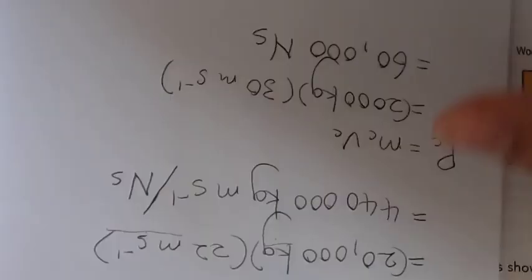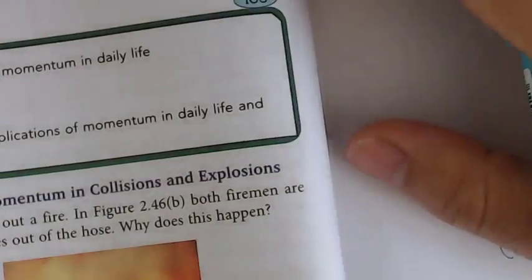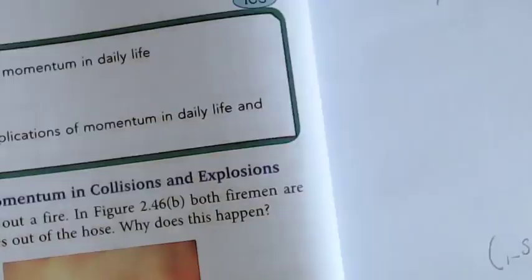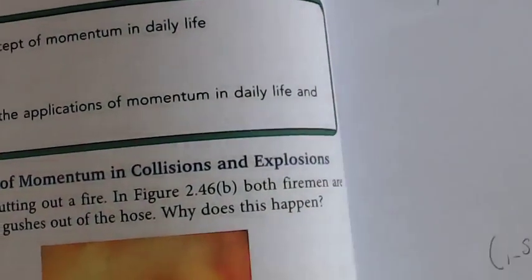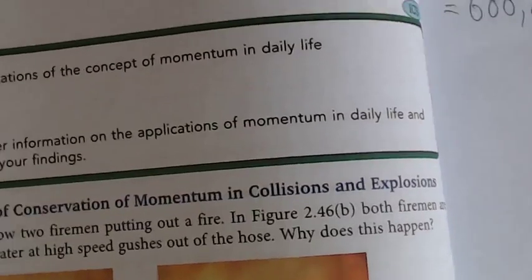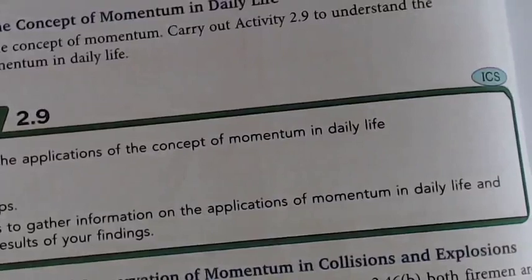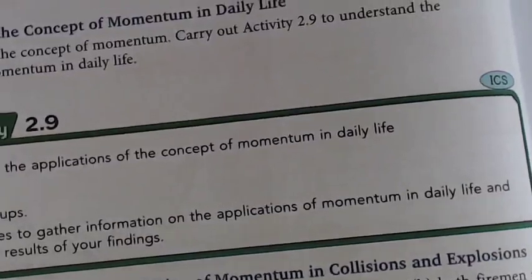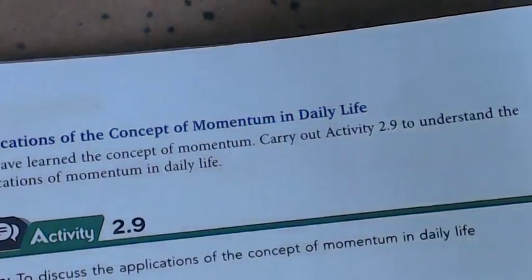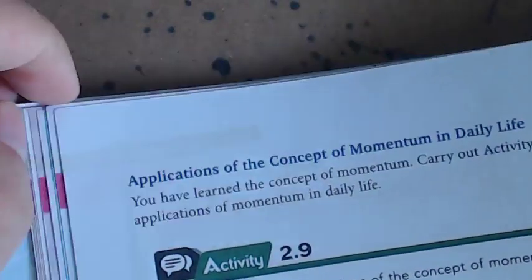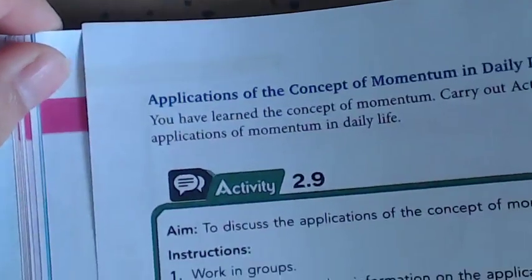So with this simple exercise, I believe you got the idea how to use the formula of momentum, when to use it, how to compare, and what factors affect the momentum. There are two factors that affect momentum: the mass of the object and the velocity of the object.